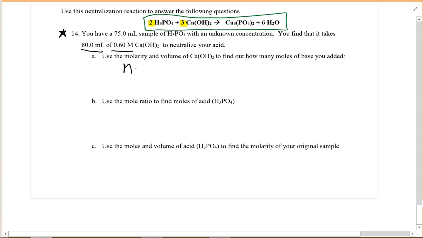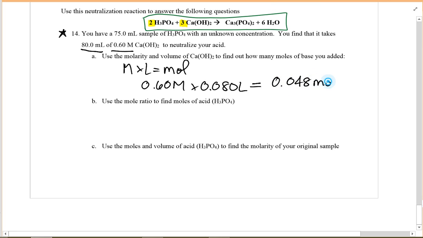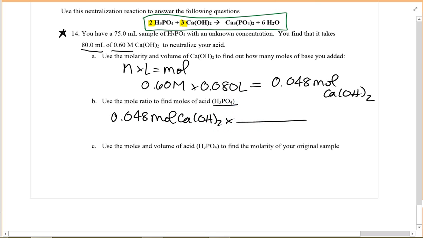So I'm going to take my molarity times liters equals moles. So that's 0.6 molar times 0.08 liters, because remember, take your volume, divide by 1,000. So 0.6 times 0.08 gives me 0.048 moles of calcium hydroxide. Okay, then I've got 0.048 moles calcium hydroxide, and I want to find moles of H3PO4, my phosphoric acid.